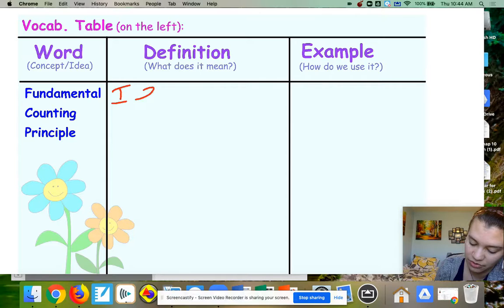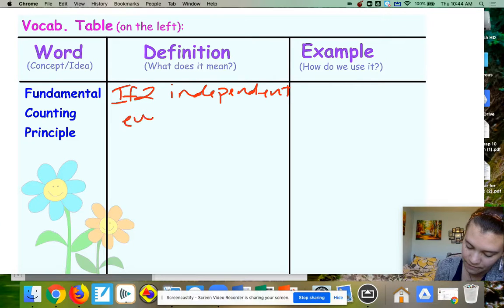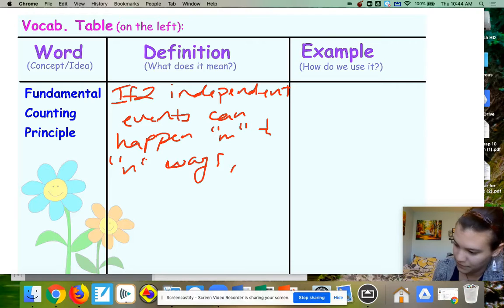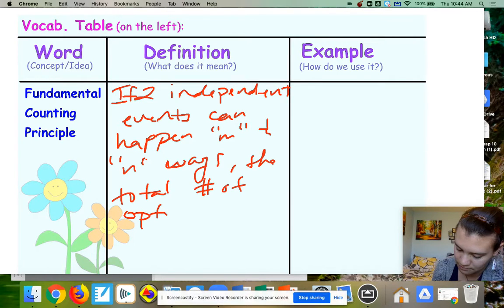So if two independent events can happen m and n ways, the total options is m times n.